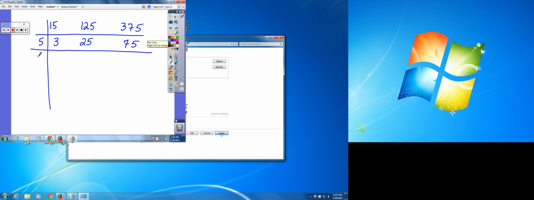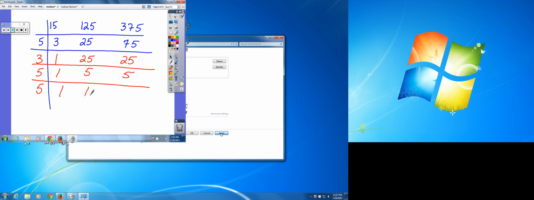So 3, that'll be a 1, a 25, and a what? 3 will go into 3 one time. Will 3 go into 75? Yeah, 25 times. And 5, 1, 5, 5. And 5, 1, 1, 1.